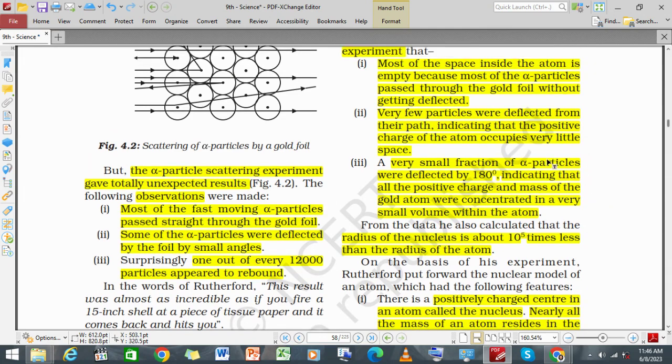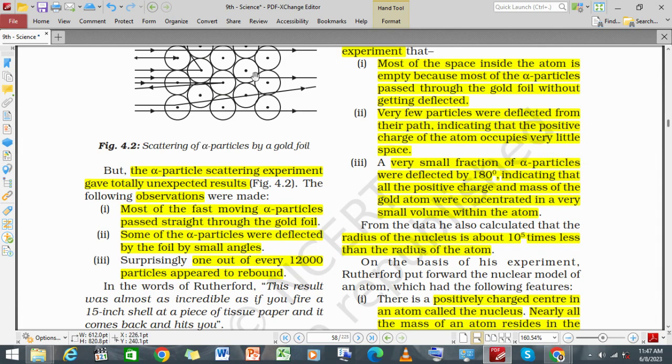Now, let us understand it once more. Almost all the atoms are empty from inside, as all of the rays pass through it. Very few particles were deflected, indicating that the positive charge of the atom occupies very little space.